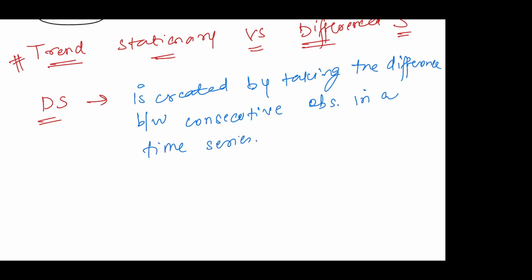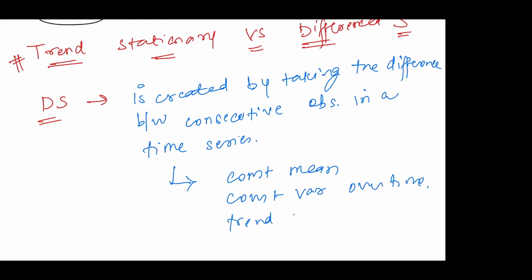When you take the difference between consecutive observations, what will happen? It will have constant mean and constant variance over time, and if there's any trend, the trend will be removed.